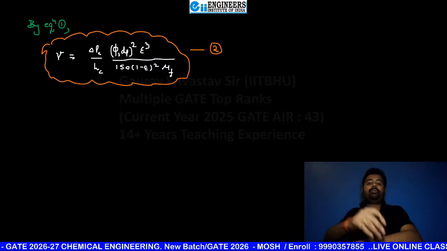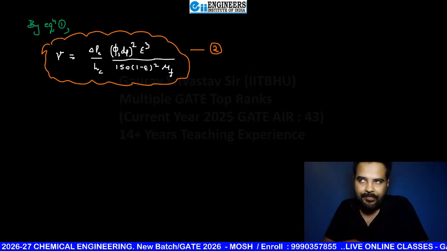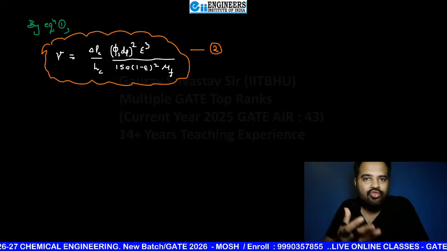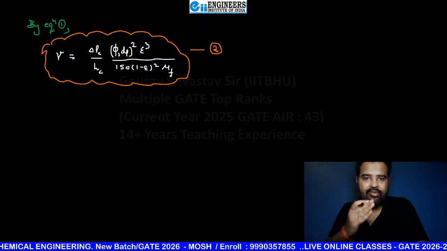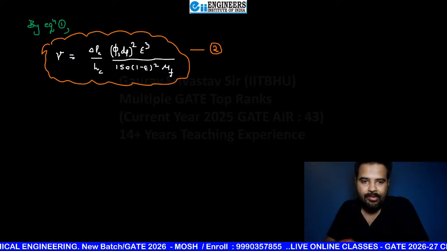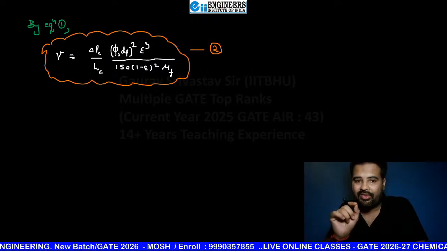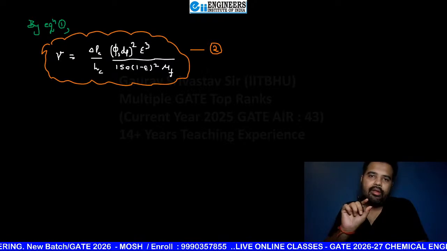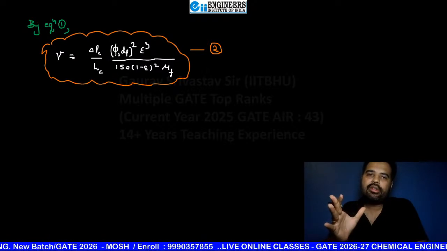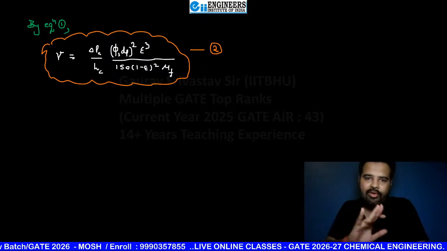Now, one more parameter I am going to define here, that is the concentration of slurry. That means how much solid is available per unit volume. I am writing the concentration in this manner: how much solid is available with every 1 meter cube of filtrate.